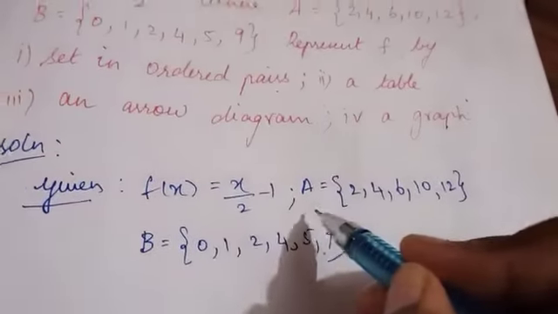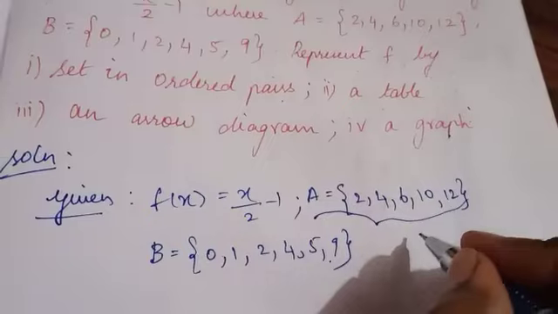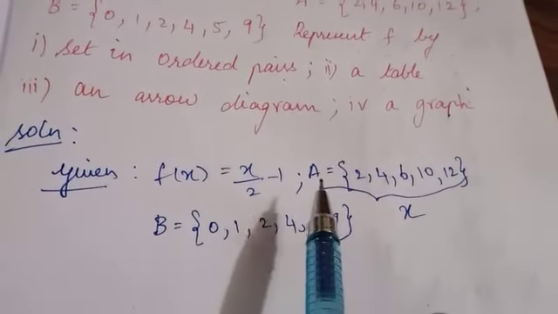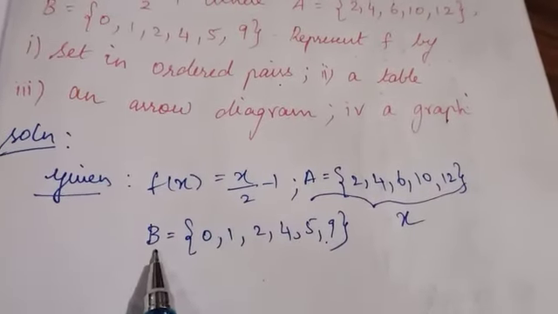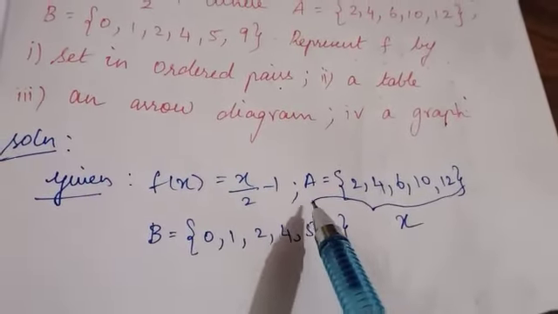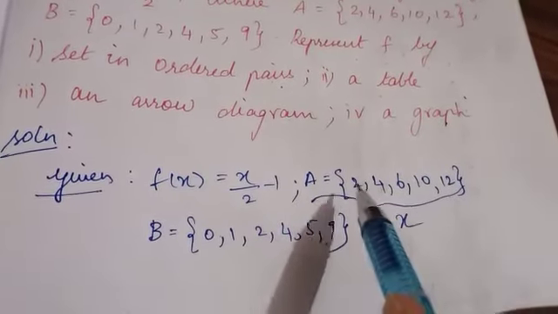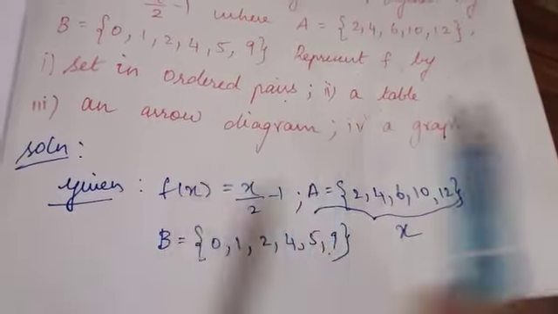So I am considering the first set, set A, as x. So these are the values of x. Now I am going to substitute these values in the place of x in this equation.